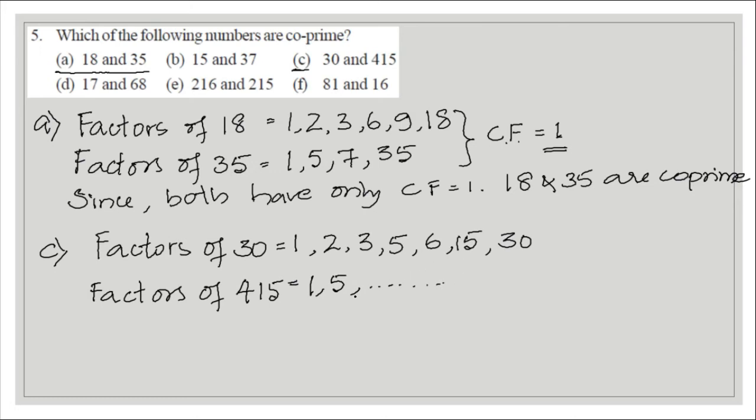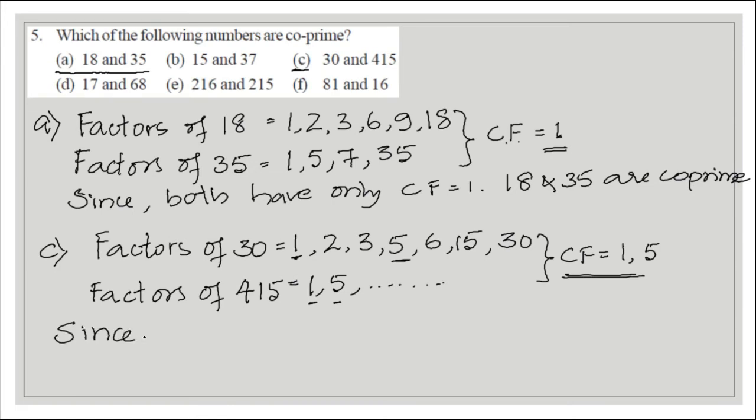I need not write all because I got the information that the common factor is not just 1, it is also 5. So when more than one common factor is there, then I can say that the given pair of numbers are not coprime.